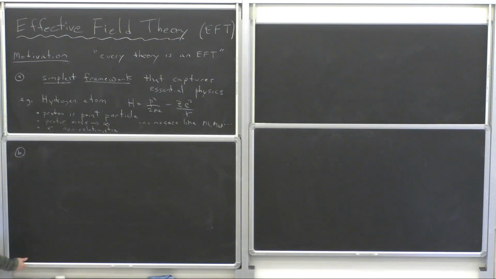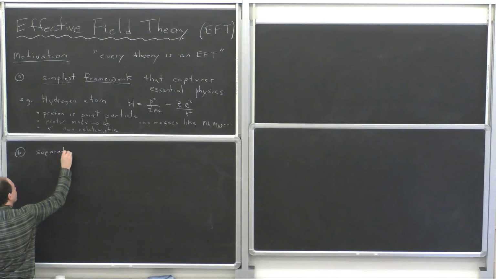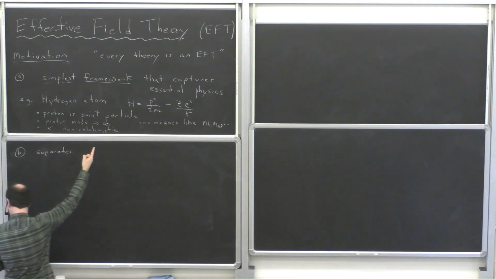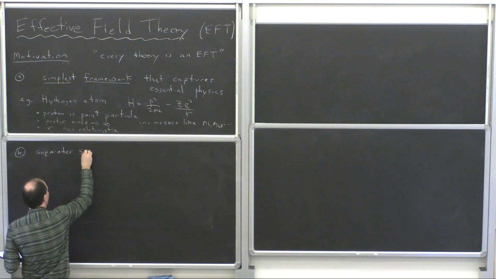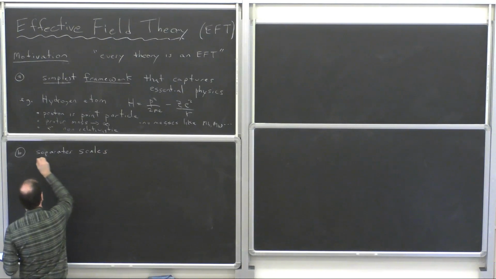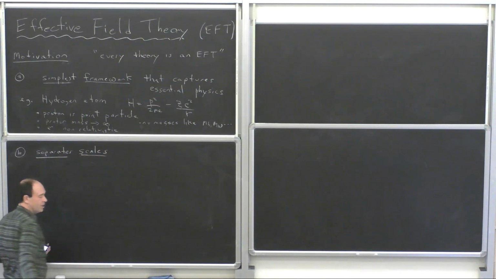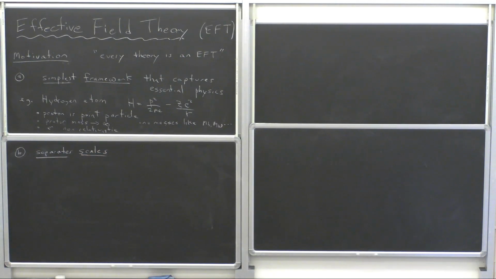Okay, so the real thing that effective field theory is good for is that it separates the physics at different length scales. And that's kind of what is in part going on in this thing that I labeled A. There's different mass scales in a problem or different energy scales, and effective field theory is separating those scales for you.